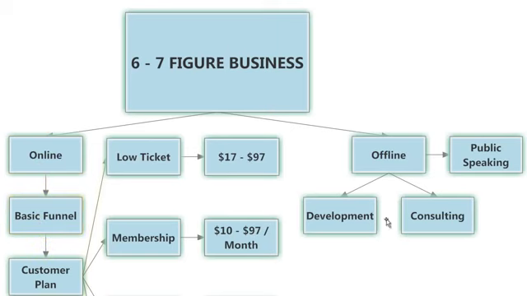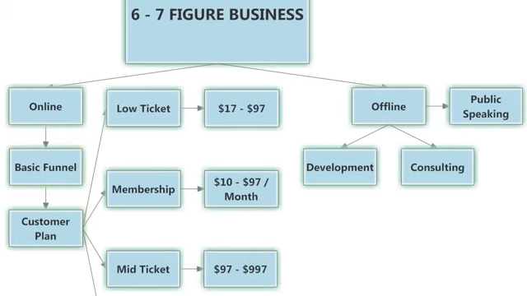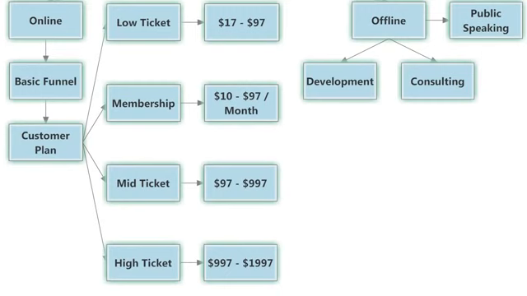But again, if you want to take things to another level, you just have to break things down a little bit more. So you'd have your customer plan and you'd be segmenting your list into low ticket customers, people interested in membership sites, still low ticket, mid ticket items and high ticket items. A lot of this might come from where your customers have come from.